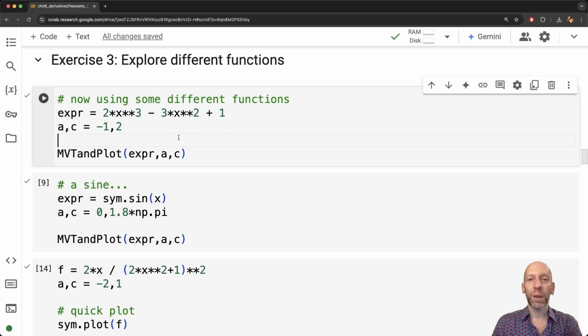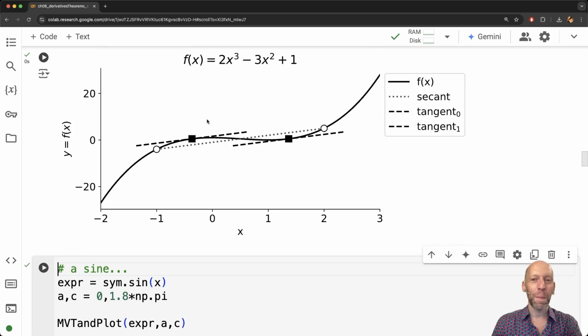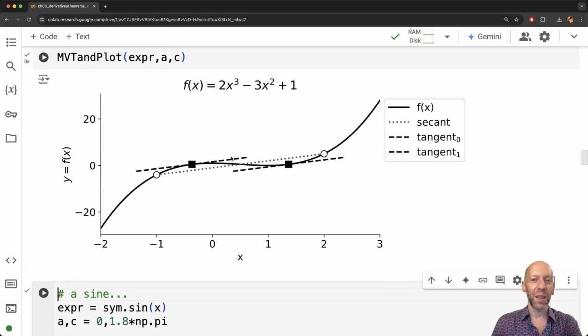Now, we've already written a lot of code for exercises 1 and 2, so there isn't a whole lot of new code to write here. In fact, all I'm doing here is rewriting the expression, listing these bounds, and then calling this function that I already created. Okay, so yeah, that gives this result here. Not much to say about this, except you can see that there are two tangent lines being drawn here.